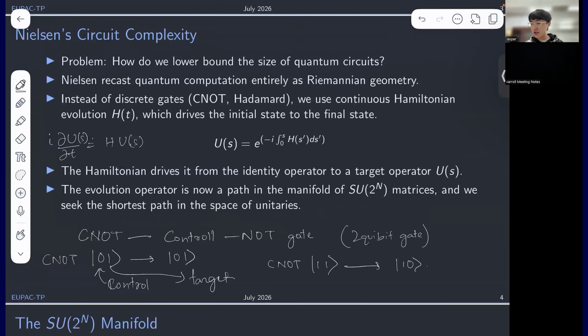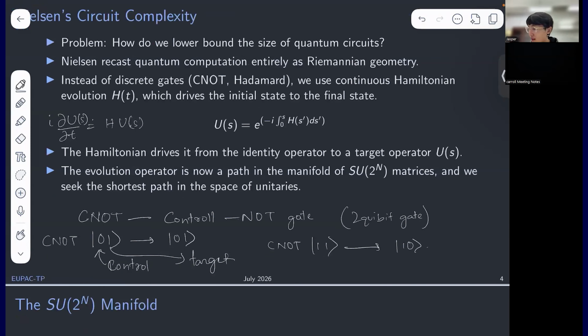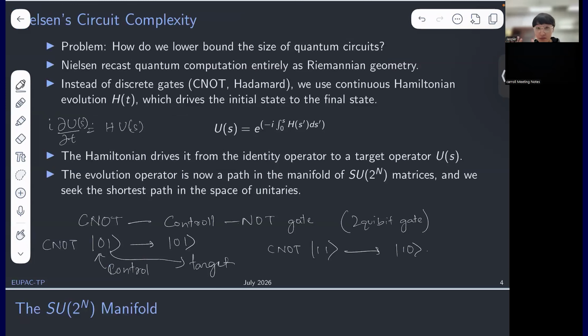To come to the idea of this Riemannian geometry, we need to understand what kind of space these qubits live in. I'm pretty sure most of us are aware that these qubits live in an SU(2^n) symmetry group.